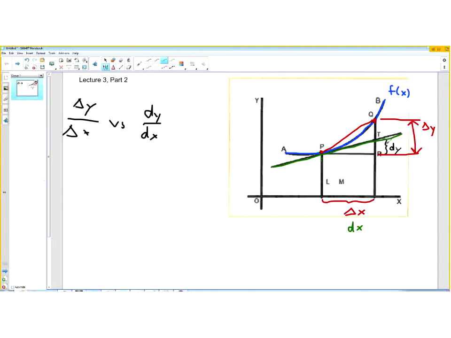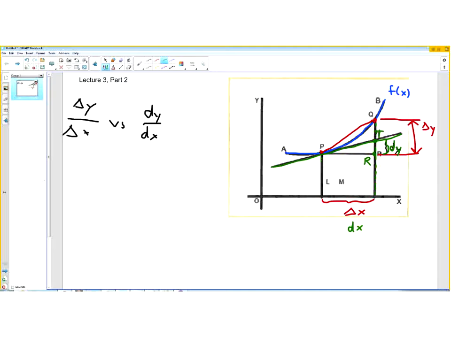But the distinction is differential y. The way that's figured is, you drop a perpendicular from point Q to the x-axis, like so, and then you find this particular point, which is labeled T. Also you draw a horizontal to the x-axis through point P, and the horizontal intersects this perpendicular line at point R. All right, so the distance TR is differential y, and you can see that differential y is not the same as delta y.